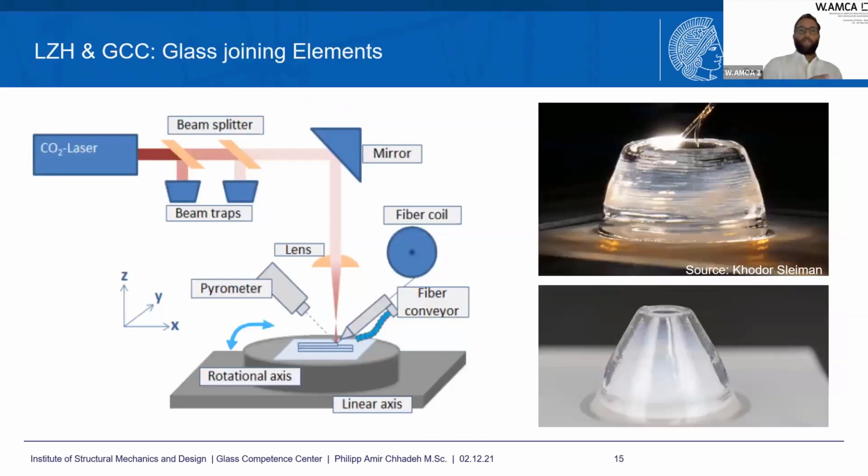Here you can see how they print. They use a CO2 laser and also use mirrors and a fiber conveyor on this part. So they add quartz glass, fused silica glass fibers on the base plate, heat it up with the CO2 laser, and then fuse those fibers layer by layer on top of each other.